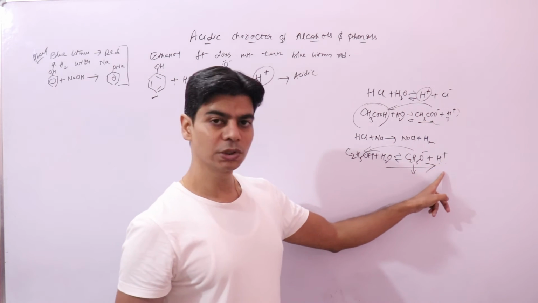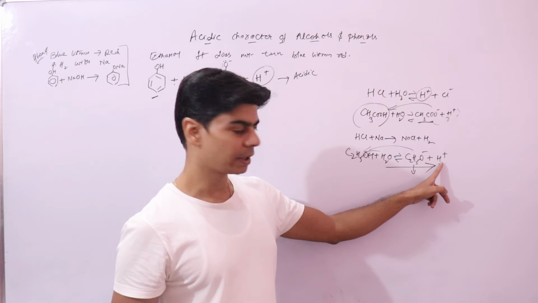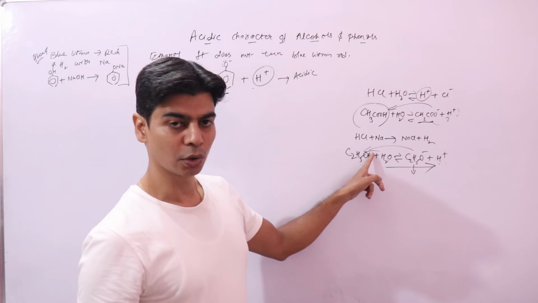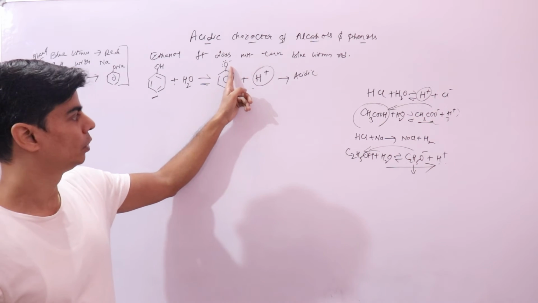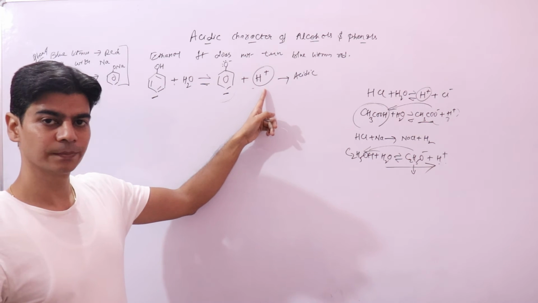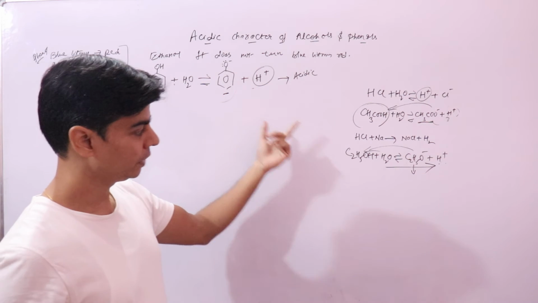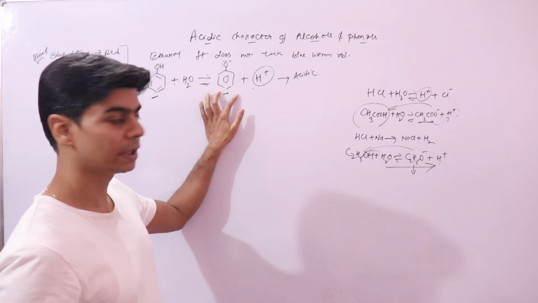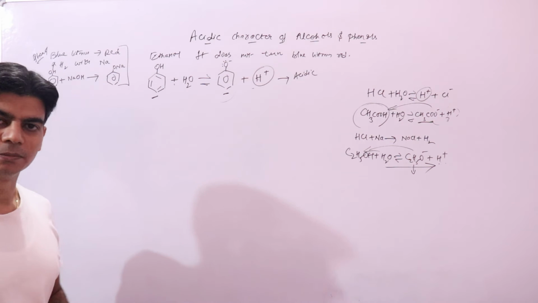Because you have fewer hydrogen ions, because this ethoxide ion reacts with hydrogen ion and gives you back your ethanol. But you have a negative charge here also, that can react with hydrogen ions to give you back phenol. But this is not happening here, but it is happening there. So due to something, this phenoxide is more stable. Let's see why phenoxide is more stable.